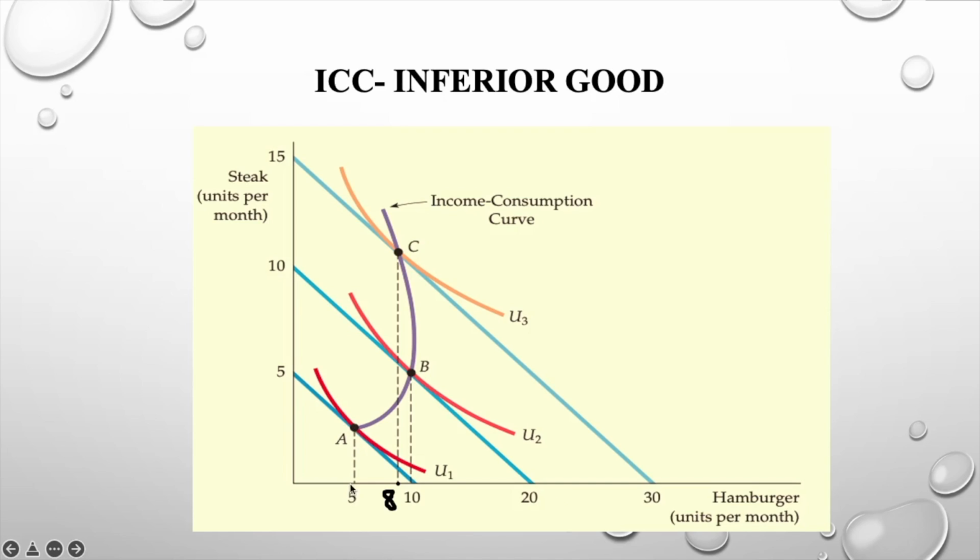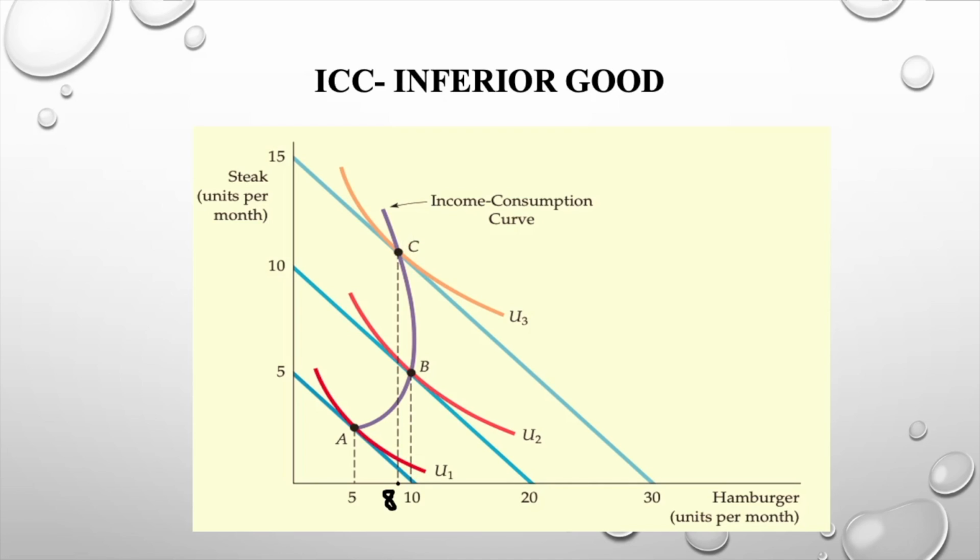When the income increases to $20, the consumer's budget line shifts to the right, that is to 10-20. The consumer then chooses indifference curve U2 at point B, where he consumes 10 units of hamburger.